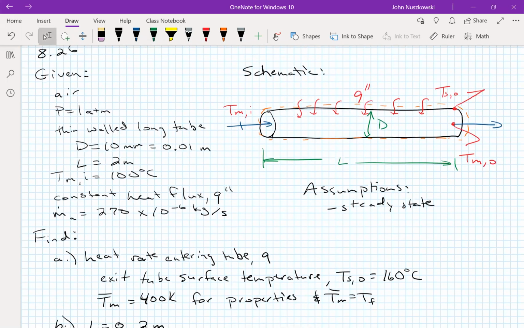Is there any way we can figure out our heat flux? Remembering it's constant over here, right? It's constant right here, it's constant right here, it's constant here, here, here, here, here, and here. It's the same heat flux.